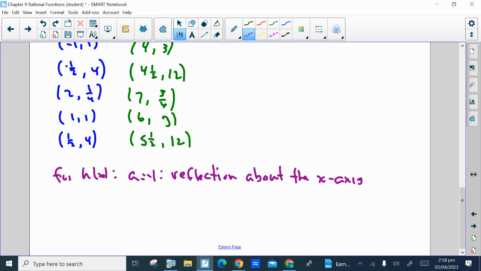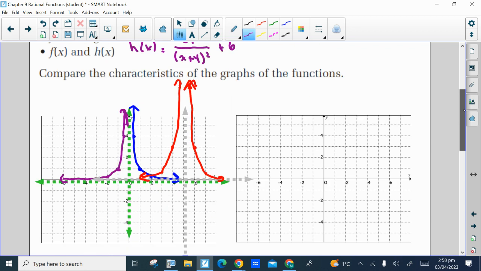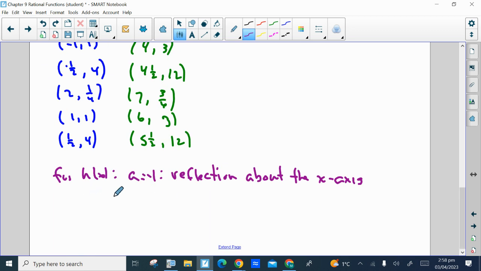X is replaced with x plus 4, which means we have an h value of -4, which is going to shift the graph 4 left.